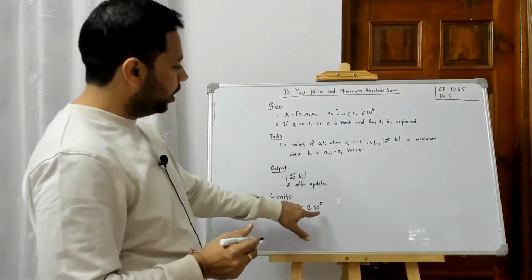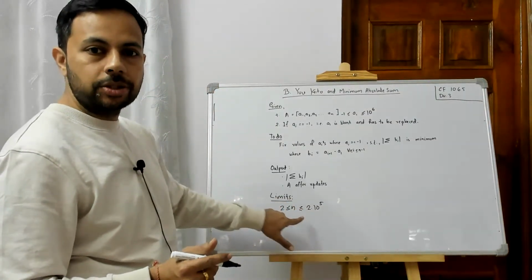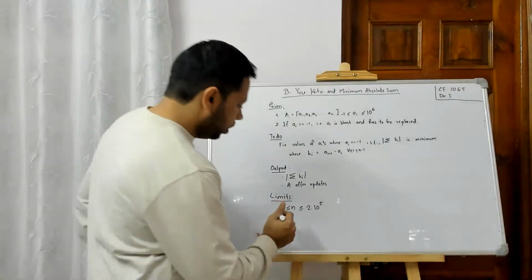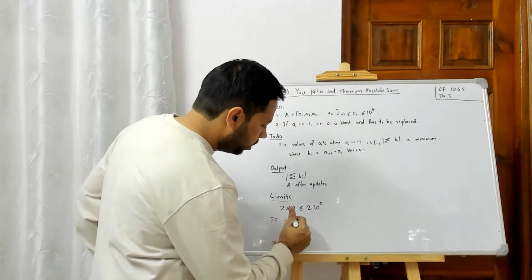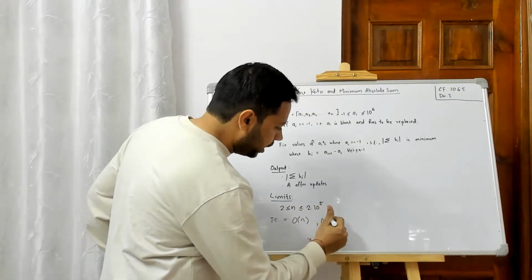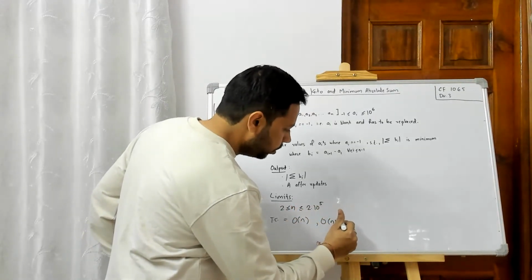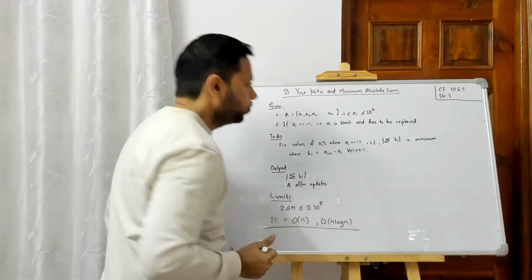So what you're looking for in this case is a time complexity of somewhere around O(n). Even O(n log n) will work in this case. Both of these time complexities are fine.